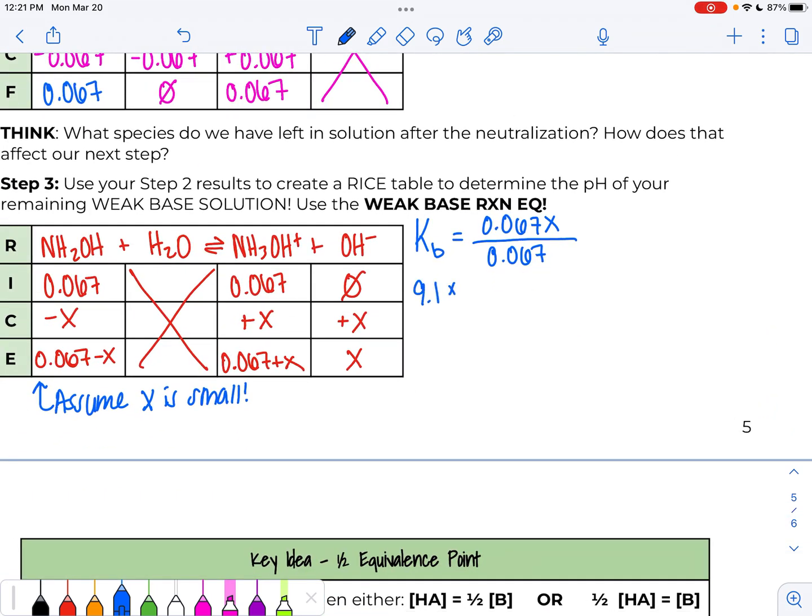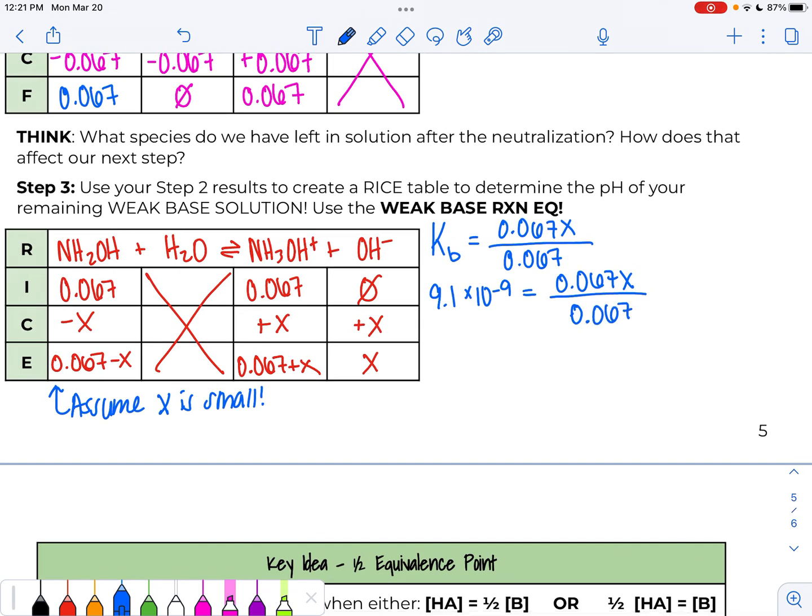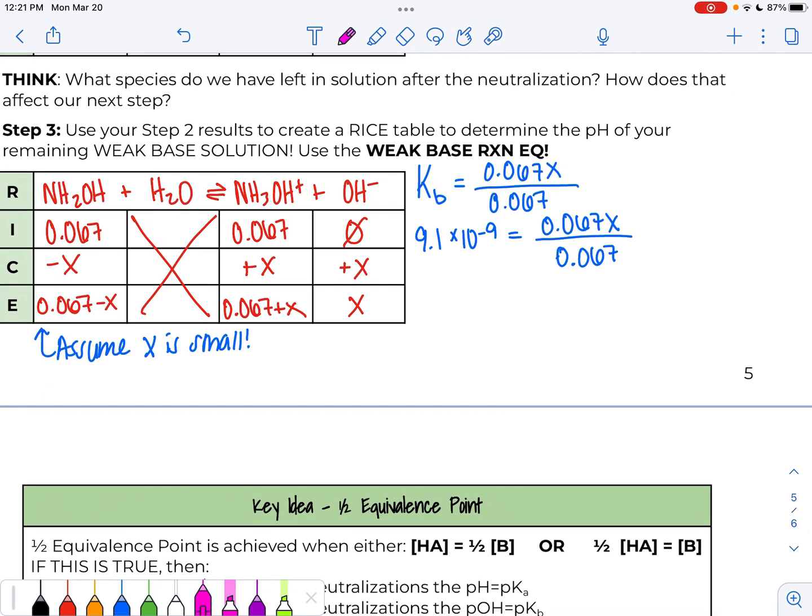Okay, so I was given a Kb value right up there. So my Kb is equal to 9.1 times 10 to the negative 9th, equals 0.067x divided by 0.067. I love when math works out like this because now we can just cancel those two values. And we know that x is equal to 9.1 times 10 to the negative 9th molar. Why do we care? What is this representative of in our system?